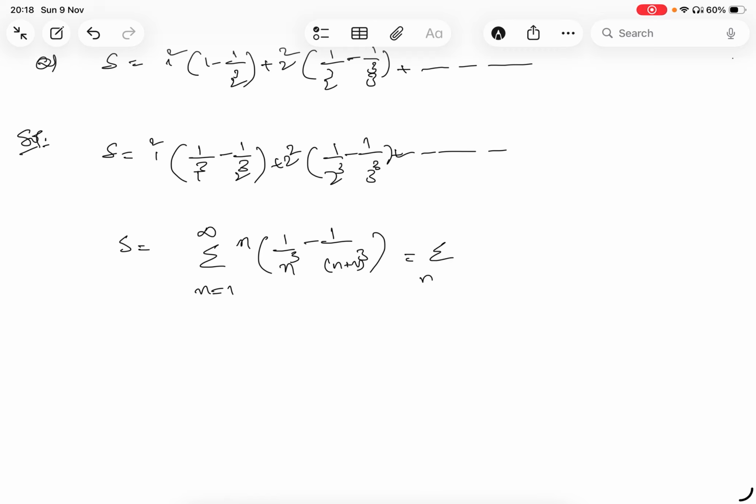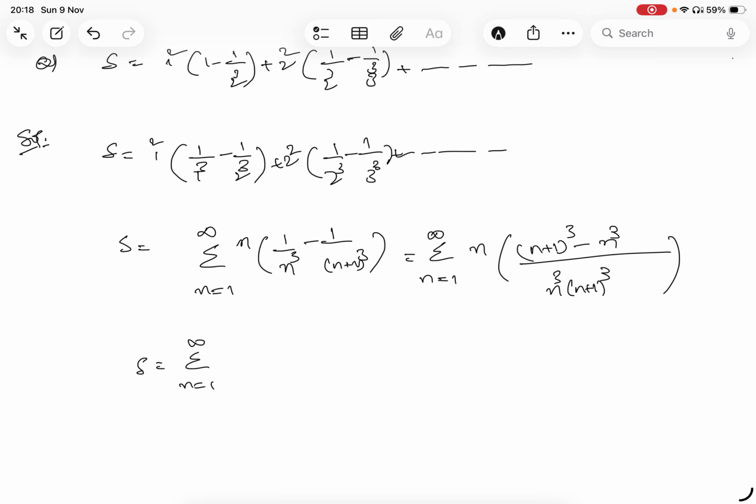So let's simplify this. Summation n equal to 1 to infinity into n into n cube into n plus 1 whole cube, n plus 1 whole cube minus n cube. Fine. Then S is summation n equal to 1 to infinity n cube into n plus 1 whole cube, right?